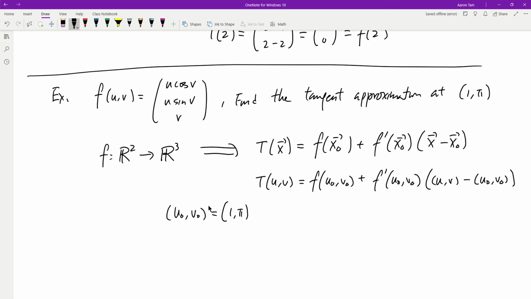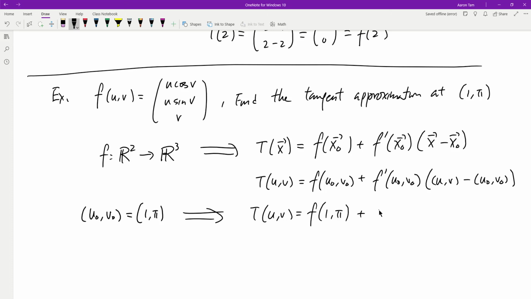Then therefore our tangent approximation formula becomes T of (u,v) equal to f of (1, pi) plus f prime at (1, pi) multiplied by (u,v) minus (1, pi).